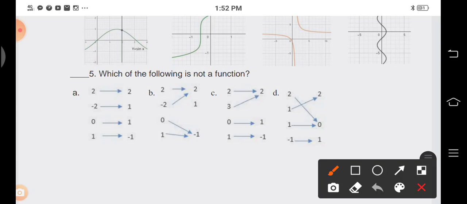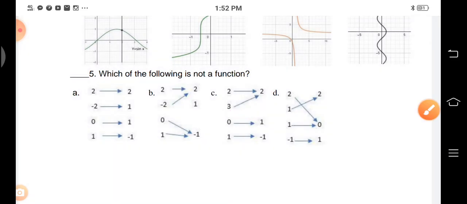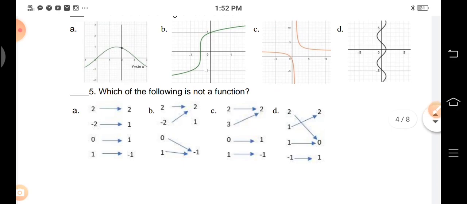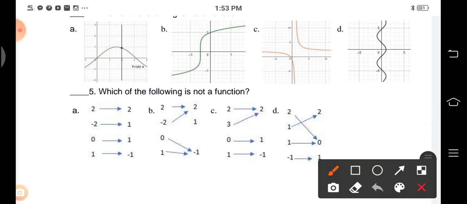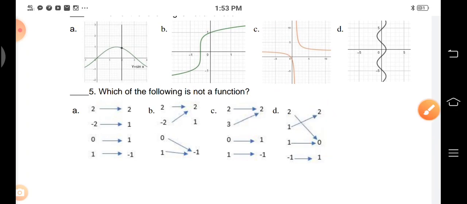Letter C is still many-to-one. And letter D is one-to-many. So letter D is not a function.